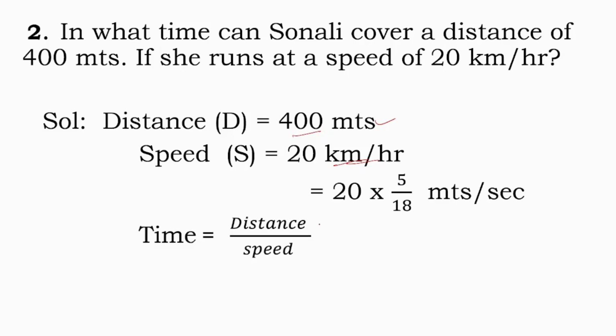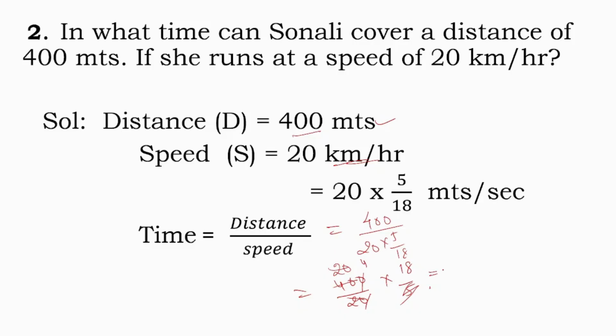Now we have to determine the time, which is distance by speed. So the values are substituted: 400 by 20 into 5 by 18. This is 400 by 20 into 18 by 5. So the zeros get cancelled, 2 1s are 2, 20s are 2, 5 1s are 5, 5 4s are 20.